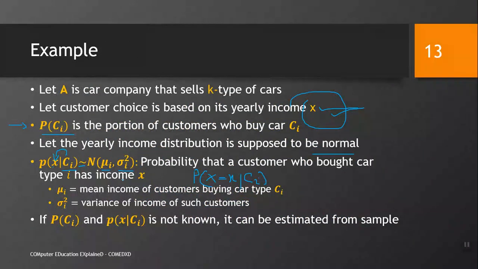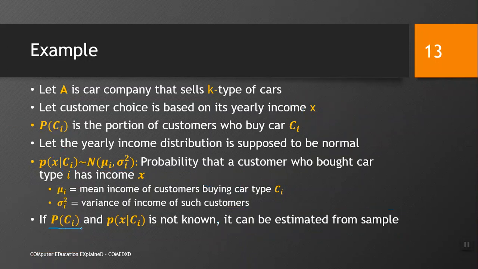So mu I is the mean income of the customers buying car Ci, and sigma I is the variance of the income of such customers. If P(Ci) and P(x|Ci) are not known, they can be estimated from the sample. This is interesting, this is the thing that we are going to work with.